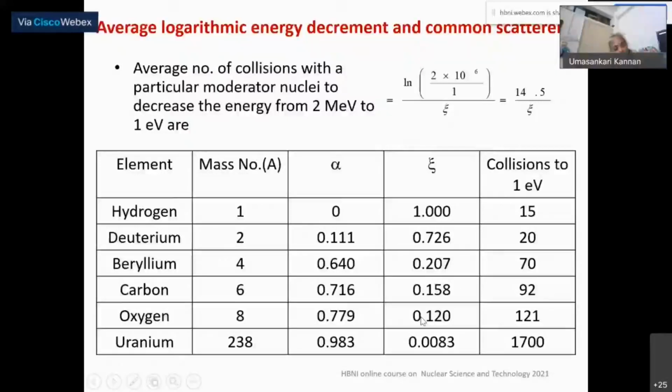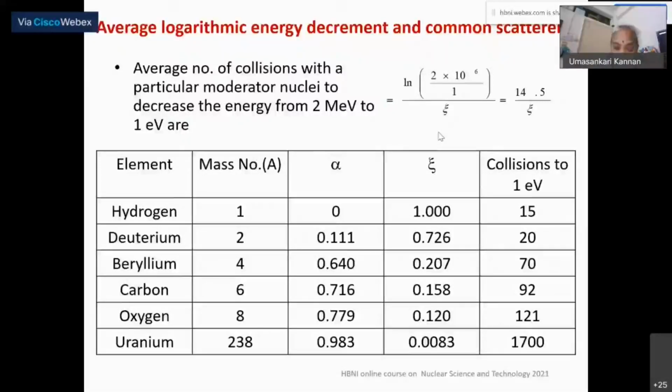So this will decide what kind of system I would use, what kind of moderator is required, what kind of coolant is required, and which fuel is required. But basically I want you to understand the energy is lost in a scattering collision.